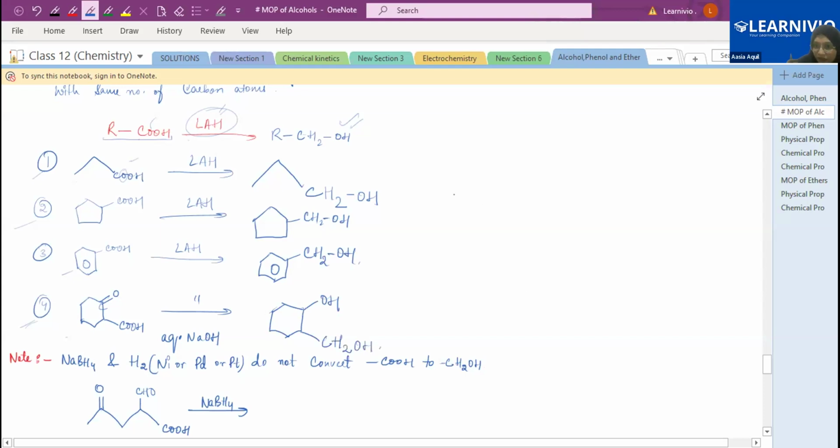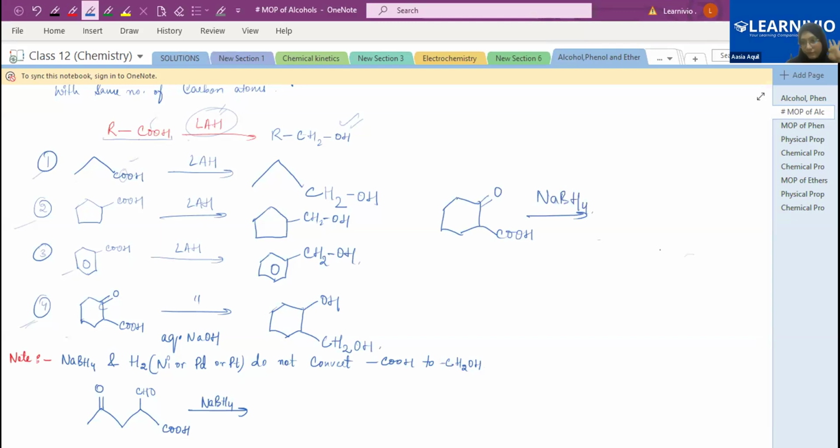Now tell me, suppose this is your structure, this is your O group, and this is your COOH. If I use sodium borohydride, NaBH4, then what will be the product? The formation of product totally depends on the reagent we use.